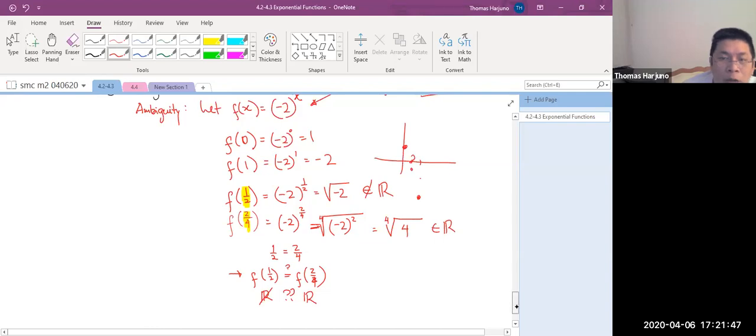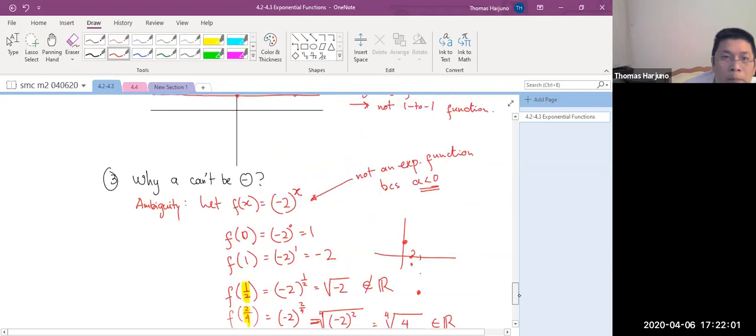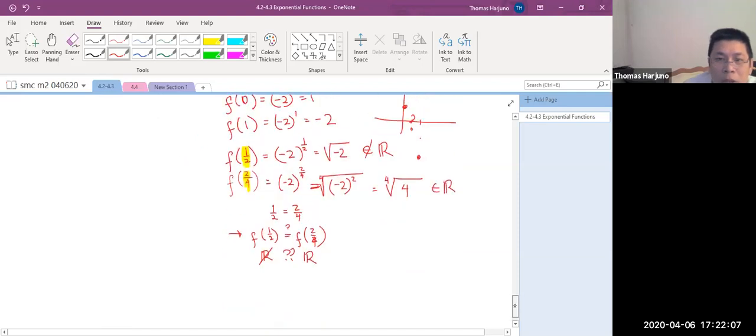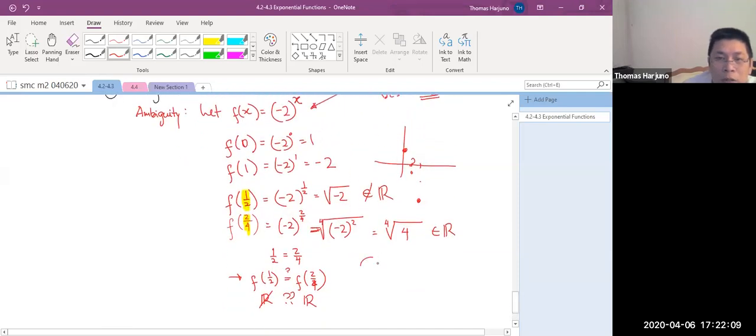Because of this ambiguity, we don't talk about negative bases until you get very, very far into math. In fact, as I remember, the first time I learned this was in complex analysis. It's 400 level in a math major or even a master's program. But for now we don't talk about this because it's confusing.